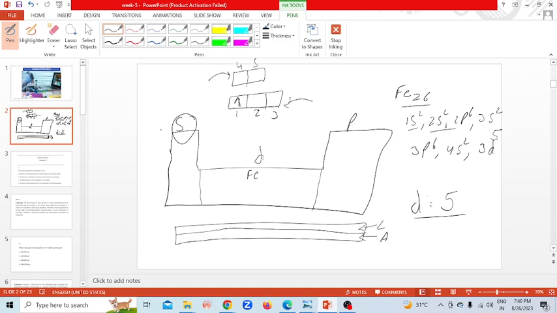When a particular energy radiation falls on this element, this electron will jump from here to here. This is a d orbital, and this is also a d orbital. So the electron transition happens between d and d orbitals. That's why it is called a dd transition.